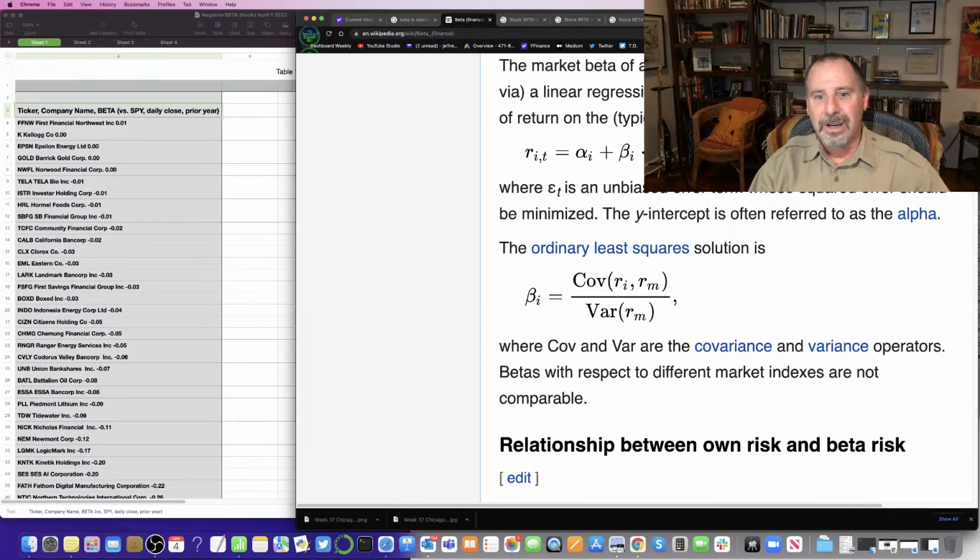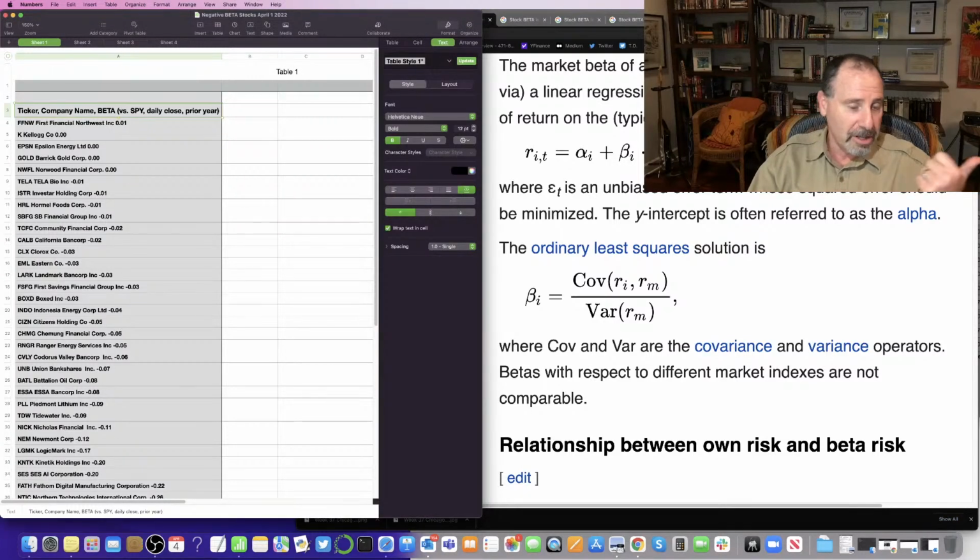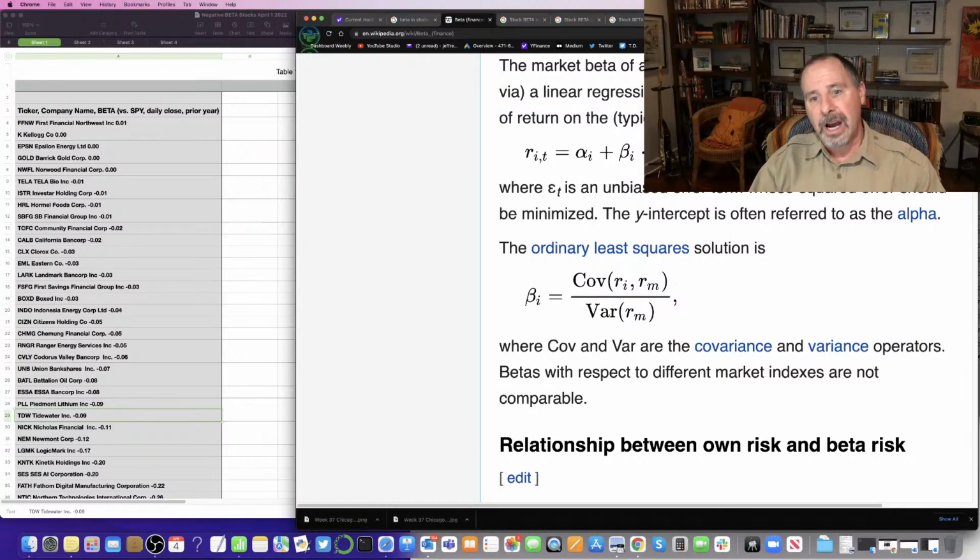Beta sub i, so beta of an individual stock, like as an example, TDW or Tidewater, is the covariance of the returns of that stock each day compared to the returns of some market index.